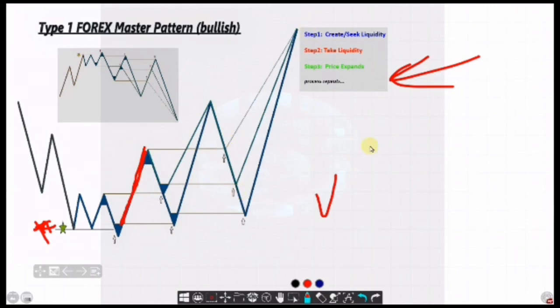So lots of people have been taught about the master pattern, and what they hear is that right here there's accumulation of liquidity, which is true. Market comes in there, takes those liquidity and moves away. But the problem with a lot of people is that now if the market is coming back down here, okay, they don't know the next logical point where they should come in.